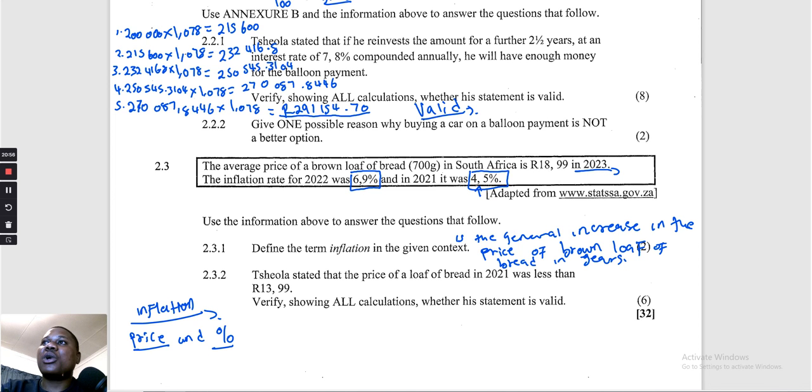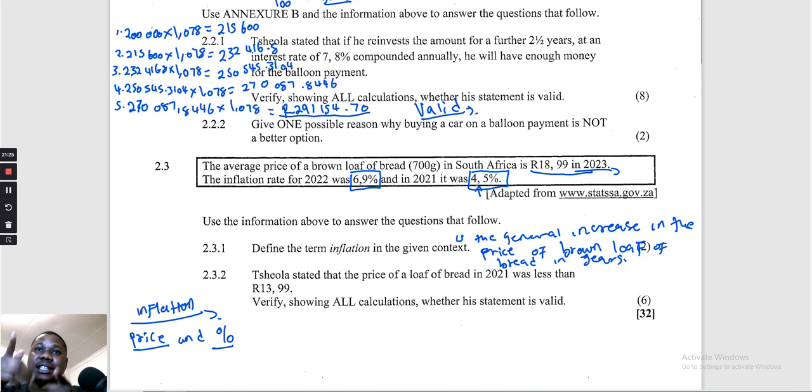Now this price that is given here is for 2023. We don't have the inflation for 2023, meaning that we don't know where the price is moving from. We don't know if the price has increased. By how many percent has the price increased or decreased? Can anyone show it to us now? That information is not given.